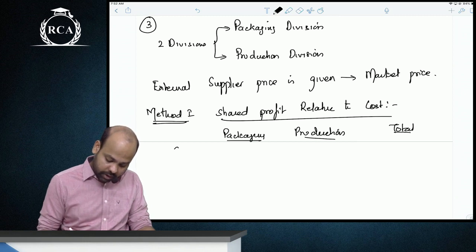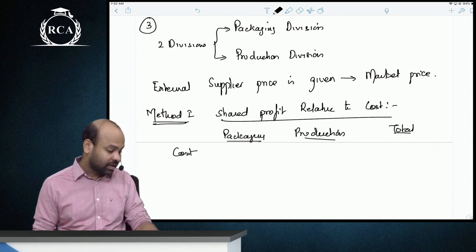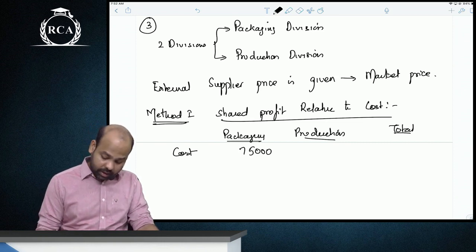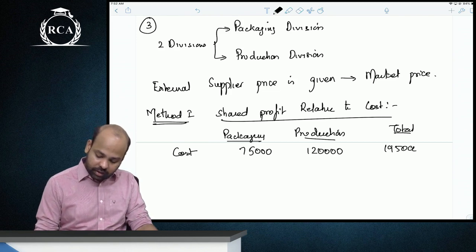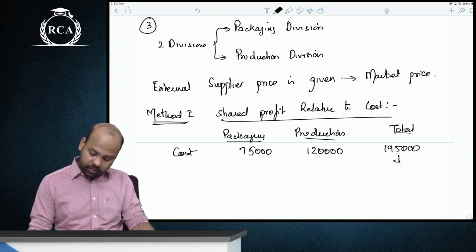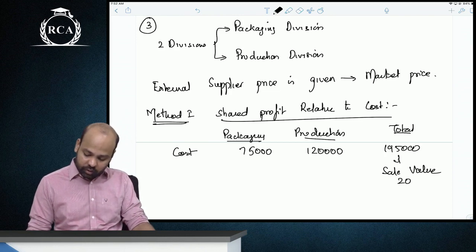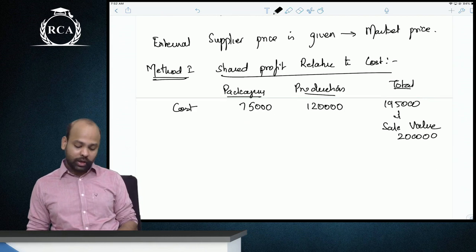The cost incurred by the packaging division for 5,000 cartons is 75,000, and the production division is 1,20,000. The total amount is 1,95,000. This is your total cost. The sale value is 2 lakhs.